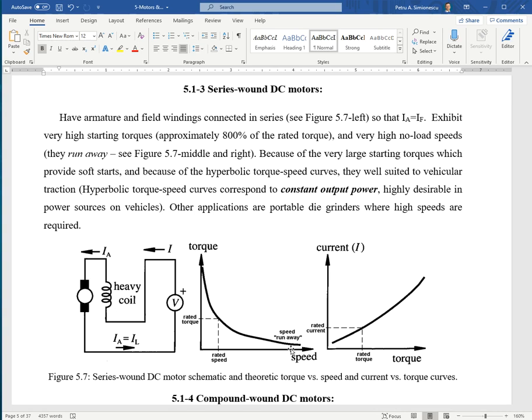They use this type of series wound DC motor, and they have the ability of creating very high stall torques, 800%, or eight times higher than the rated torque. Conversely, when there's no load, they can reach very high RPMs, so you need to limit that and never let them rotate without a load.